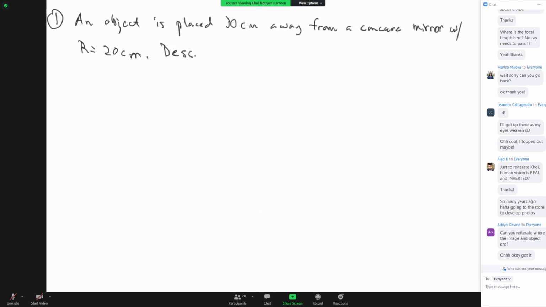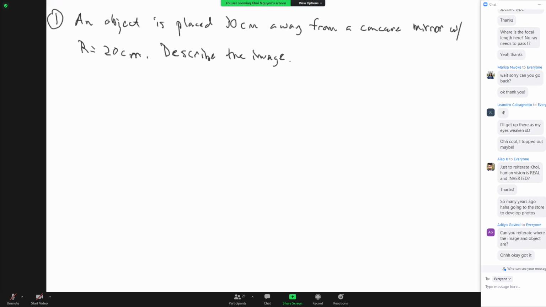So describe to me the image. Where is the image? Is it real or virtual? Is it upright or inverted? And how big is the image? Using magnification. So we know the object distance is 30. We know that the radius of curvature of the mirror is 20, which allows us to find focal length. We need to find the image distance from the device.